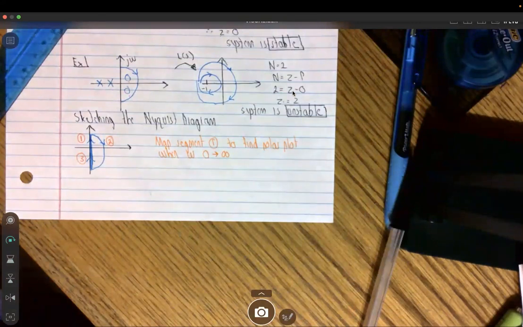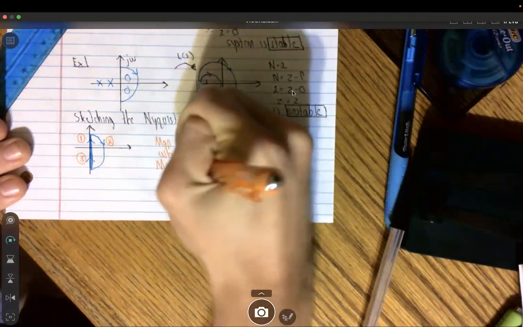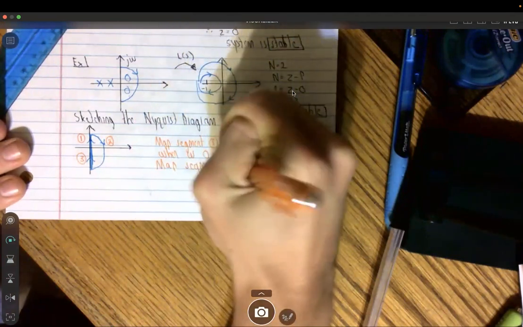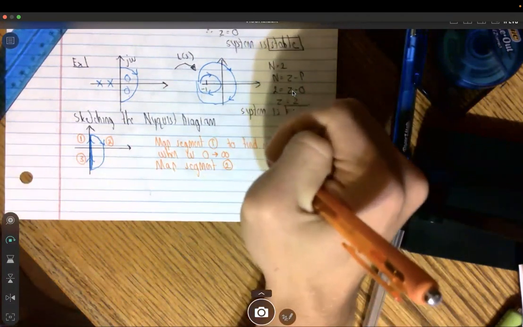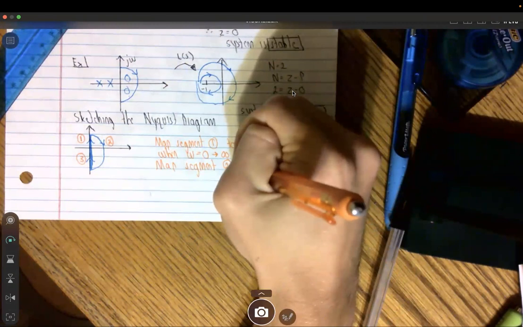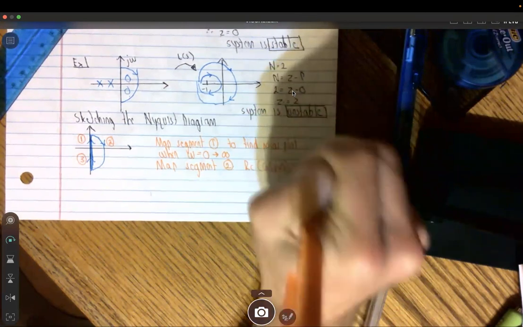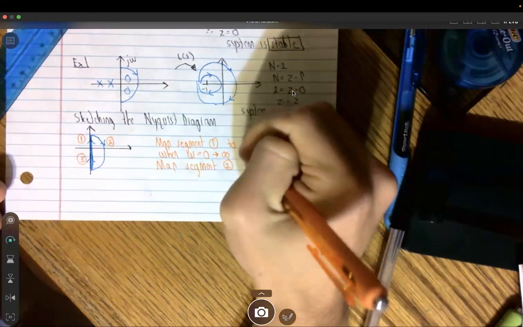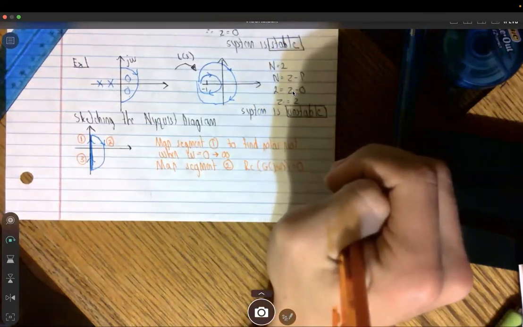And then for segment 2, you basically go from beta equals pi over 2 to negative pi over 2. This is when omega equals 0 to infinity. This is when your real part of G of J omega equals 0 and the imaginary part, which is when it would cross the x-axis.